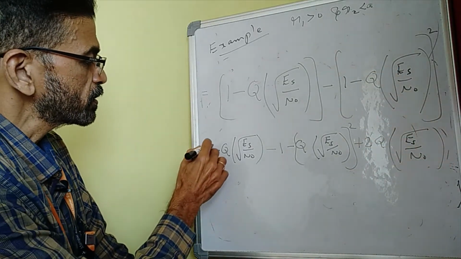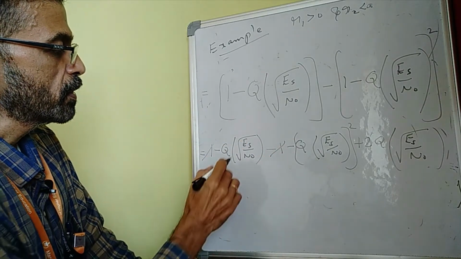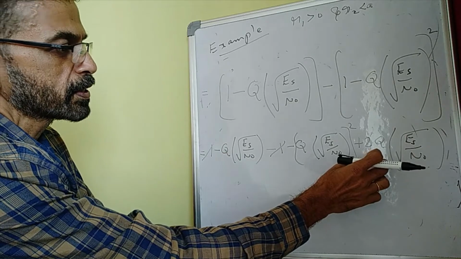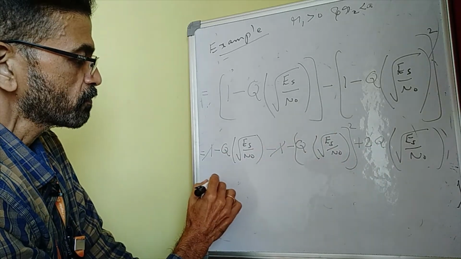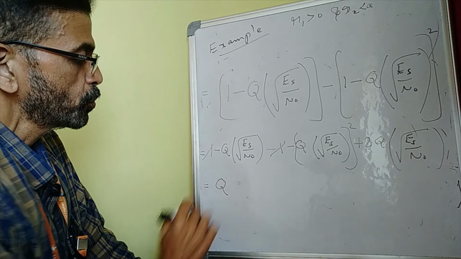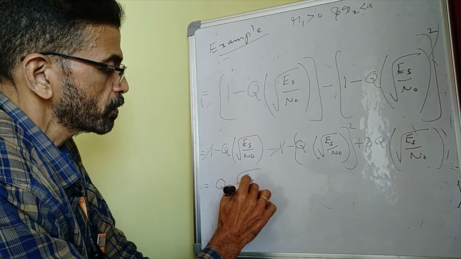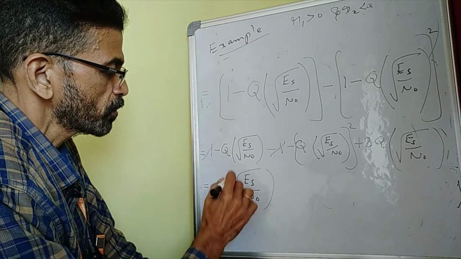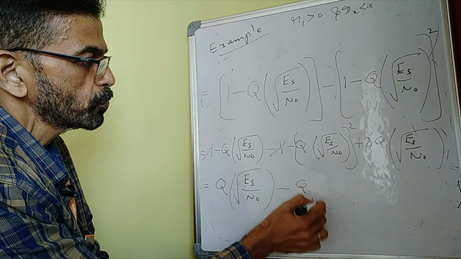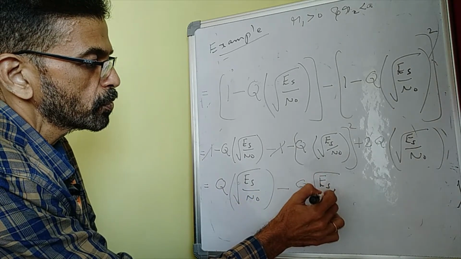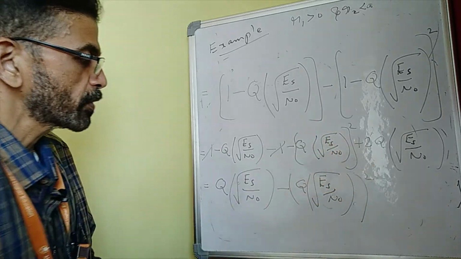We see that this gets cancelled, and this and one of these will get cancelled because there are two here and there is one negative here, so the final result will be Q of root Es by N naught minus Q of root Es by N naught, whole square.